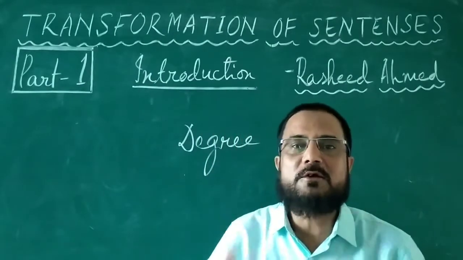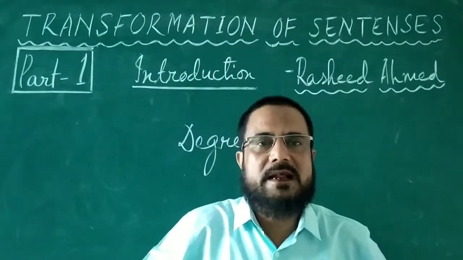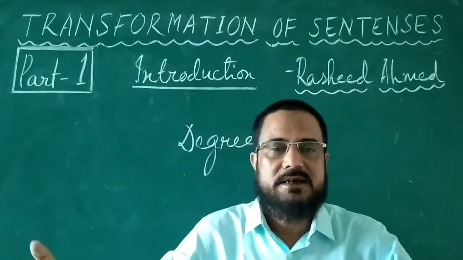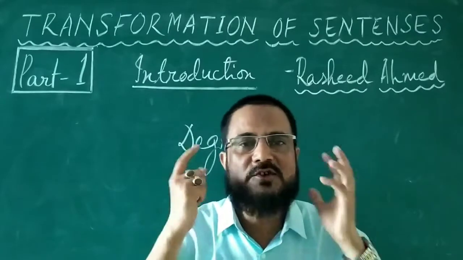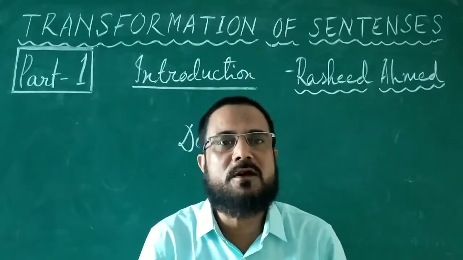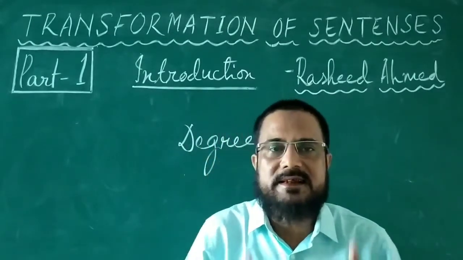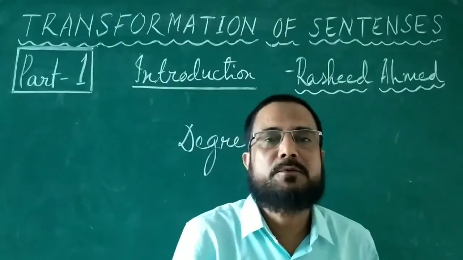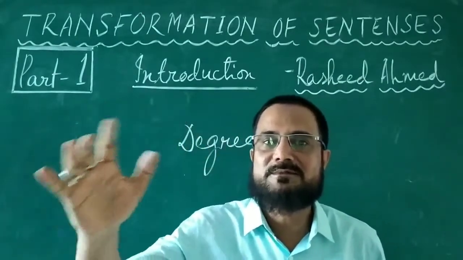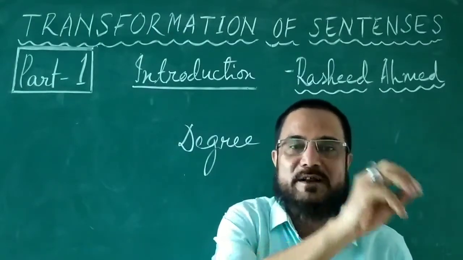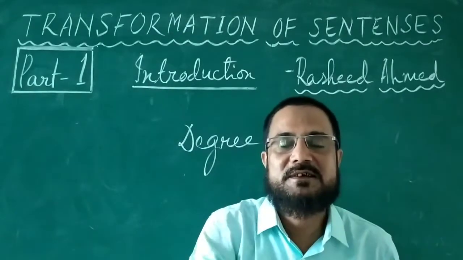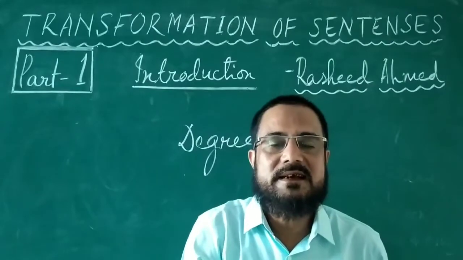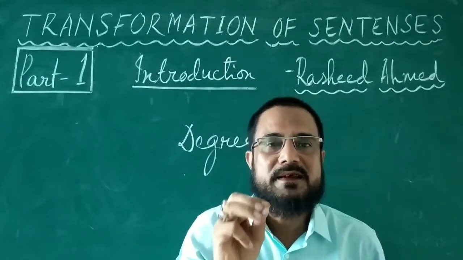If you say this is a big room, I don't get any idea about how big it is. If you say this is a small room, I just know that it is small, but how much small, there is no idea. This means that you are using a positive degree. Positive means in electricity, you know, positive and negative. Positive means something is there, something exists. When you use a positive degree, you mean to say that something exists.